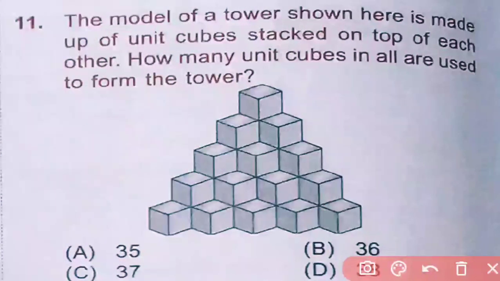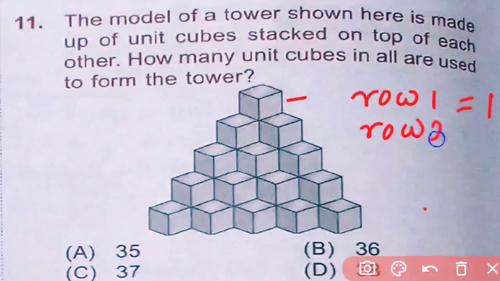Question number 11. The model of tower shown here is made up of unit cube stacks on top of each other. How many unit cubes in all are used to form the tower? You can make this tower, then you will easily calculate the cubes. The number of cubes in row 1, there is only 1.